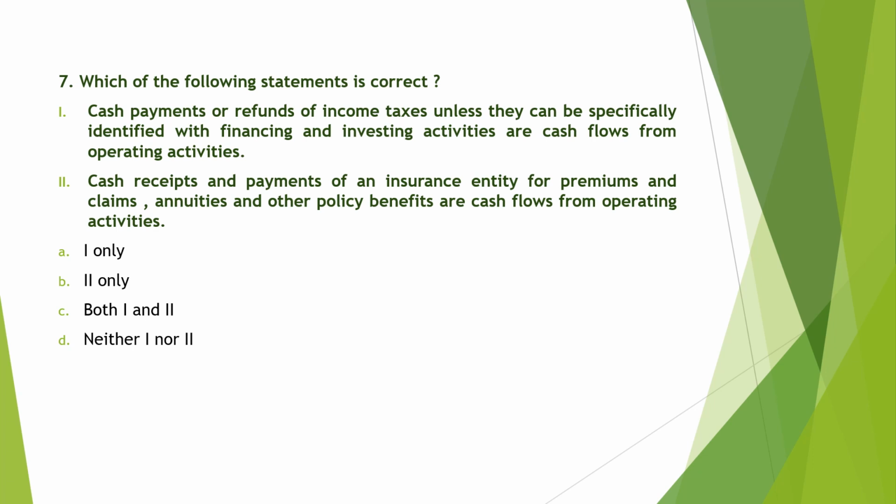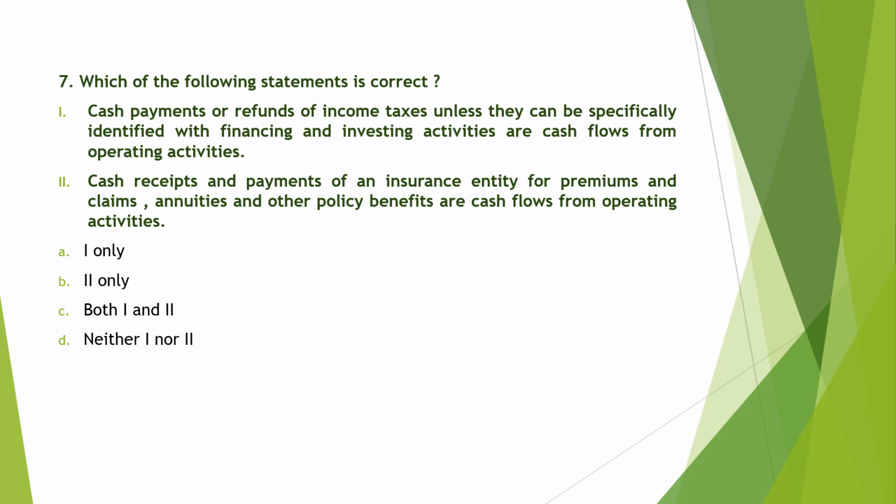Number 7. Which of the following statement is correct? Statement number 1. Cash payments or refunds of income taxes, unless they can be specifically identified with financing and investing activities, are cash flow from operating activities. Statement number 1 is correct.